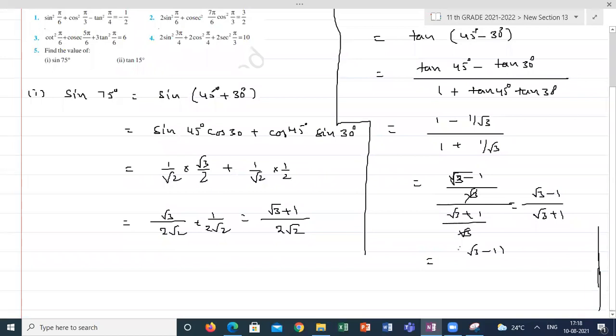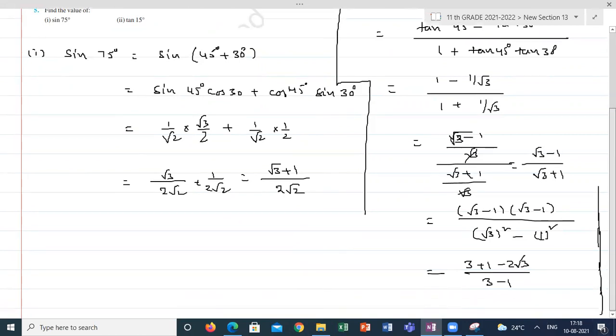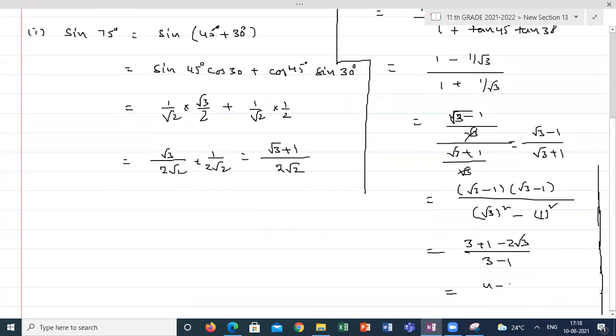Root 3 minus 1 into root 3 minus 1, divided by root 3 whole square minus 1 whole square. This gives root 3 square is 3, plus 1 minus 2 root 3, divided by 3 minus 1. 4 minus 2 root 3 by 2. So 2 minus root 3 is the simplest form of this.